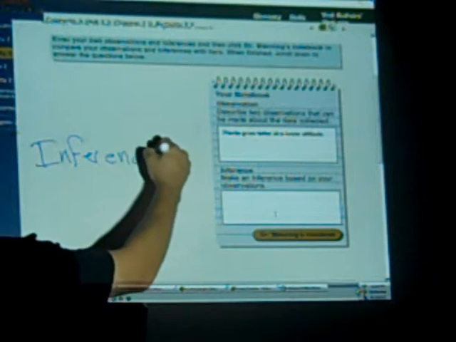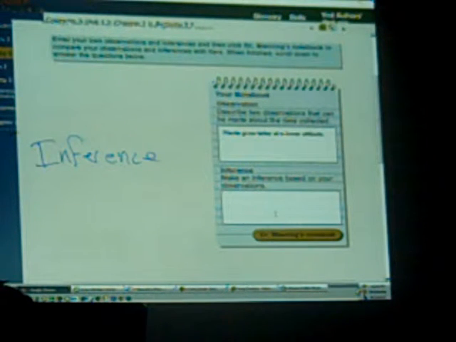So now they want us to make an inference based on these observations. Inference. What is an inference? An inference is when you infer something. Like a conference is when you confer, people talk together. A reference is when you refer.